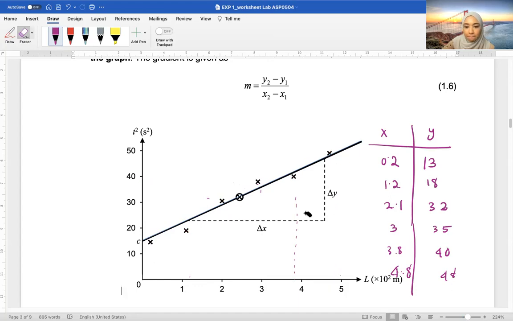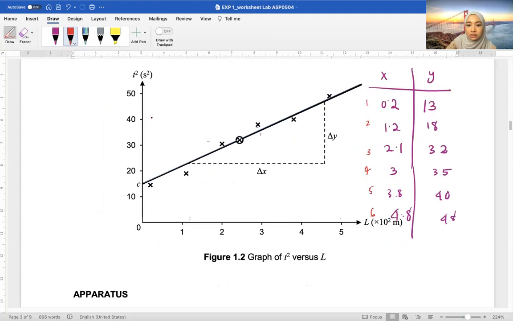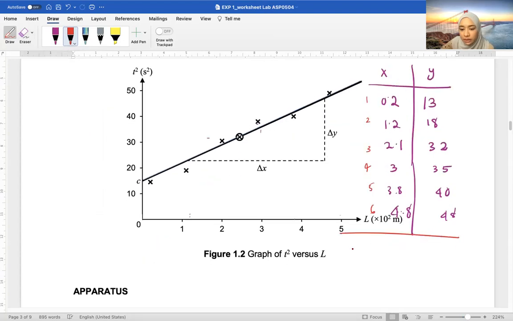Okay. So now I have 6 data. 1, 2, 3, 4, 5, 6 data. So my n is equal to 6. What about my sum of x? So my sum of x is 0.2, 1.2, 2.1, 3, 3.8, 4.8, right?